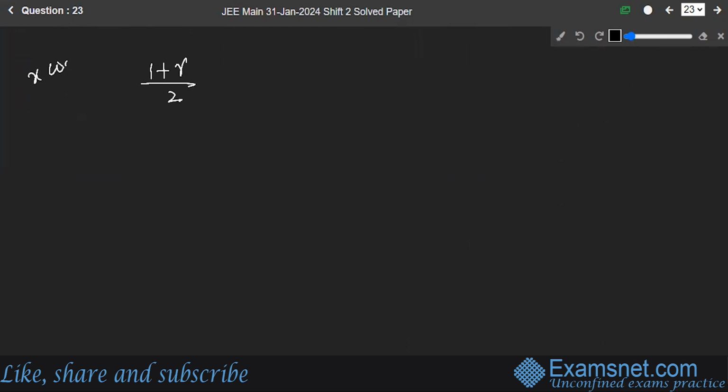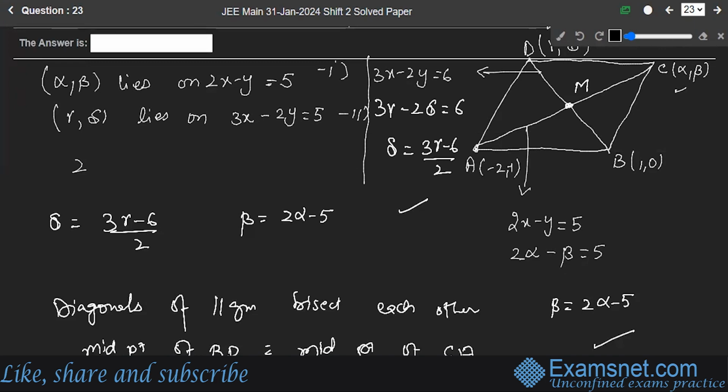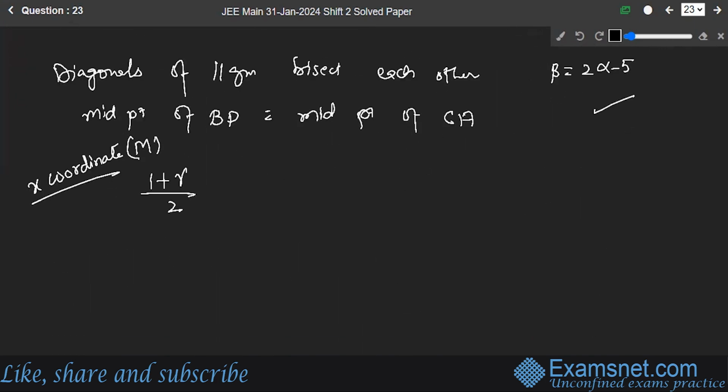This is for the x coordinate I'm solving. Let the midpoint be given by M. So x coordinate for the point M will be given by 1 plus gamma upon 2 for the BD, and for the CA, it will be given by alpha minus 2 upon 2. That gives me 1 plus gamma is equal to alpha minus 2, or gamma is equal to alpha minus 3.